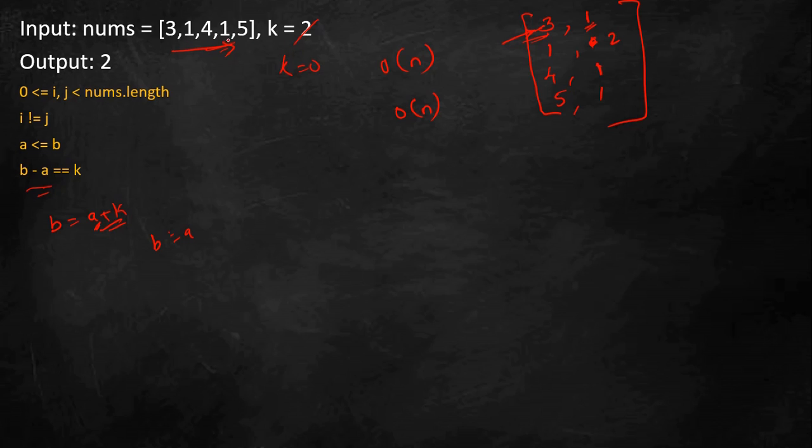So in case of 1, since 1 minus 1 is 0 and i is not equal to j, this counter should increment to 1. For example, in case of 1, we check 1 plus k, where k is 0, so 1 plus 0 is 1, and we get the value of 1. We will find whether the corresponding frequency is greater than 1.